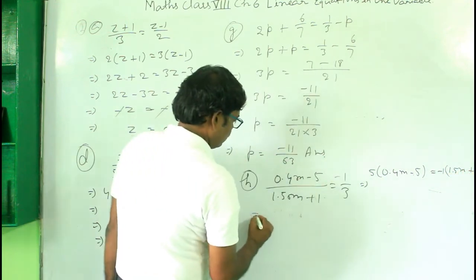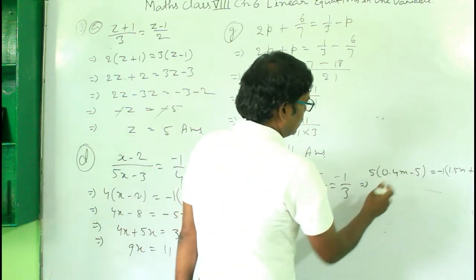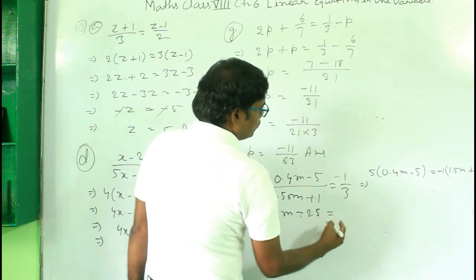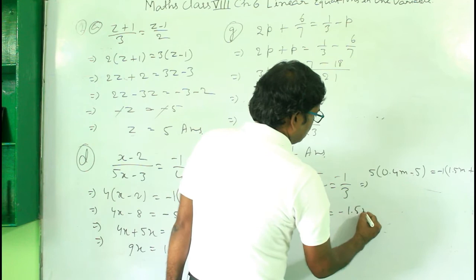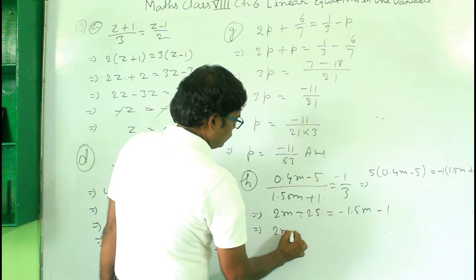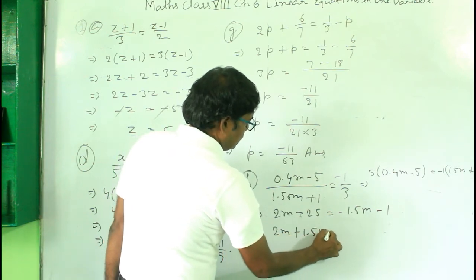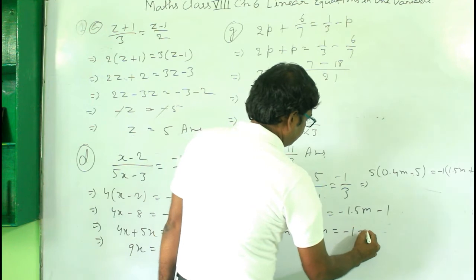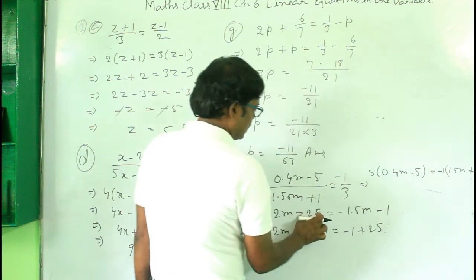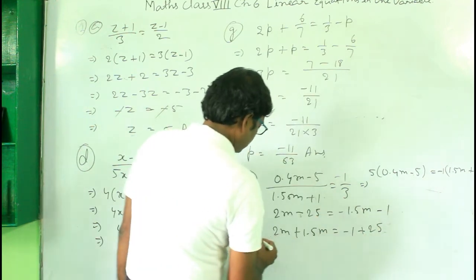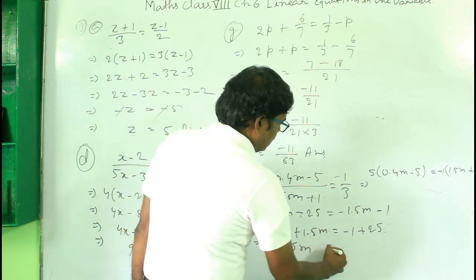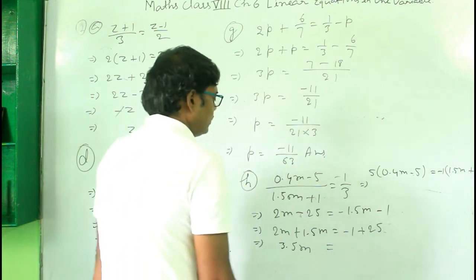Then multiply this 5 with 0.4, so it will be 2m and then minus 25 equal to minus 1.5m minus 1. Now bring this to this side: 2m plus 1.5m equal to minus 1 plus 25, because this is minus 25 here, so you bring it to this side and it will be positive. Then this will be 3.5m equal to 25 minus 1, which is 24.